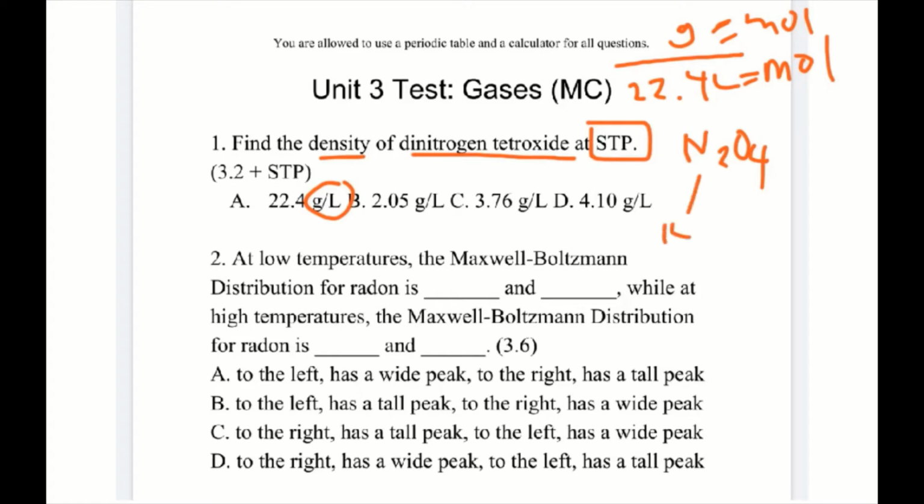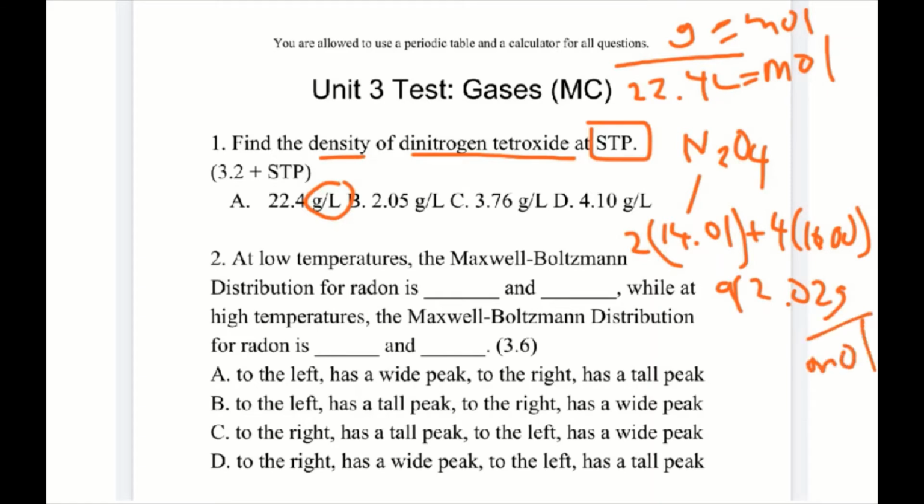N has a molar mass of 14.01, and you'll just multiply that by 2, and you'll add that to 4 times 16.00. On my calculator, I solve 2 times 14.01 plus 4 times 16, and we get an answer of 92.02 grams per mole for the molar mass of dinitrogen tetroxide.